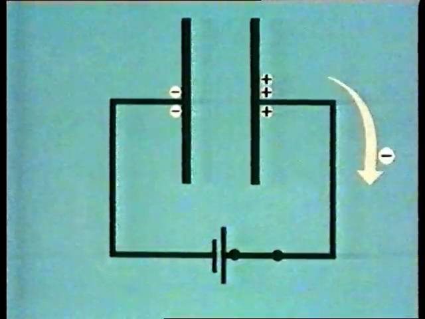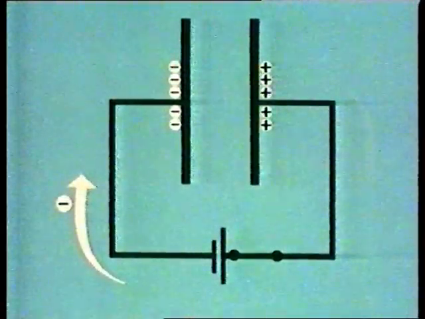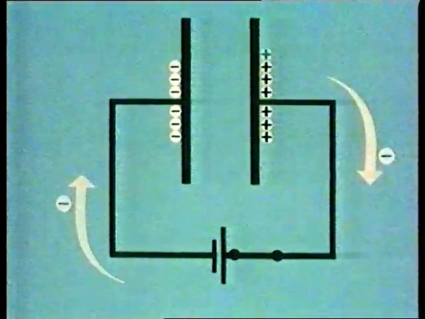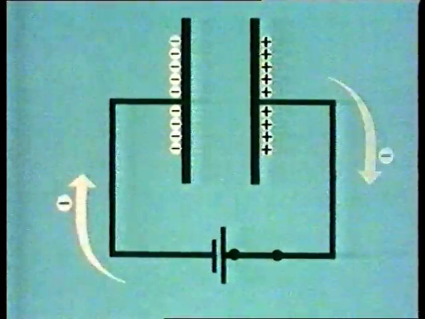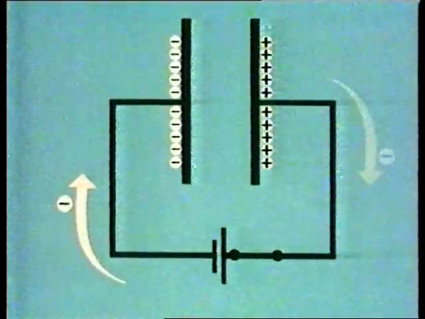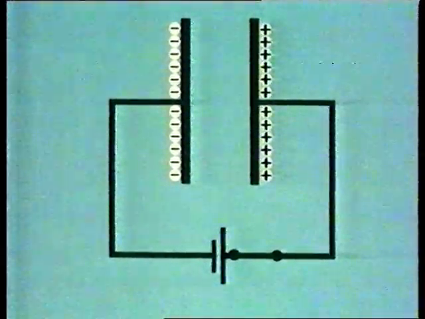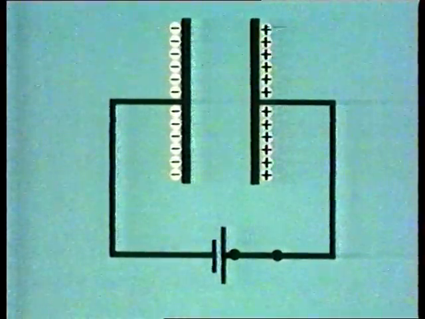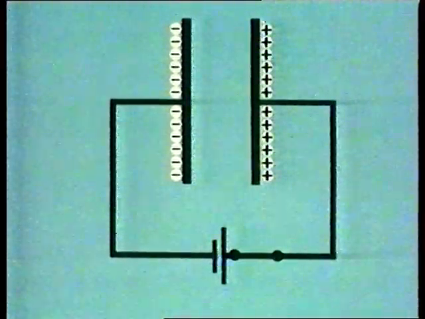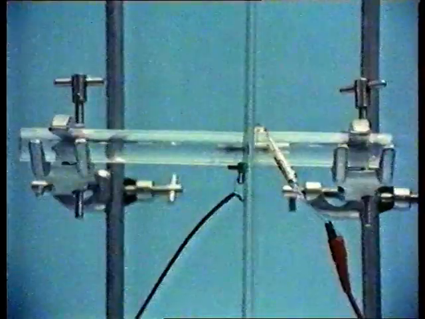This process continues, the right-hand plate gaining a bigger and bigger positive charge, and the left-hand plate a bigger and bigger negative charge. This goes on until the potential difference across the plates of the capacitor equals the EMF of the battery. No more current flows, and we say that the capacitor's now fully charged.